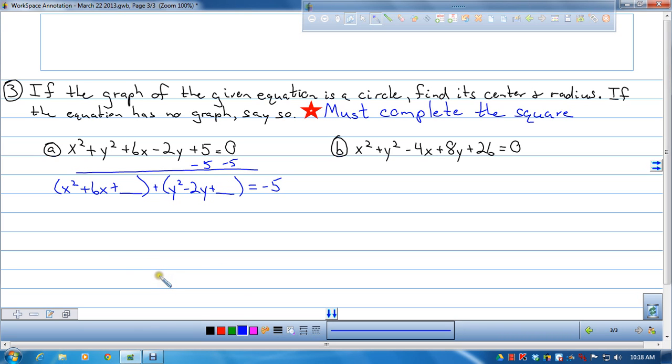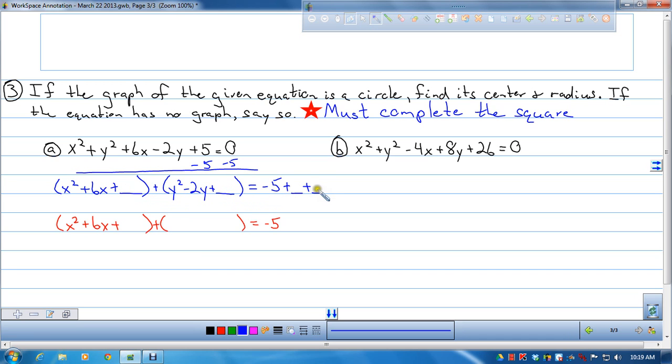Now, the way to figure out what you can put in here to make it a perfect square trinomial is simple. You take this middle number and you divide it by 2, and then you square it. So, follow along here. X squared plus 6x plus something, and I'm going to add something on the other side too, because whatever I do over here, I have to do here.